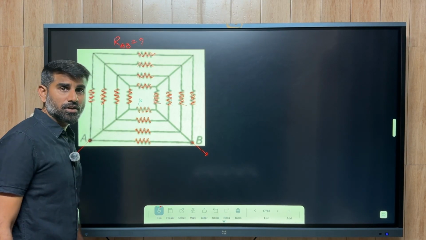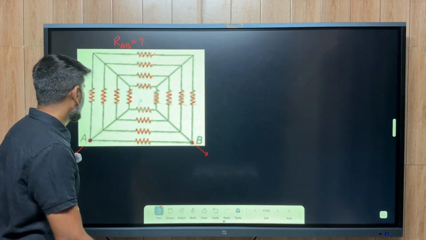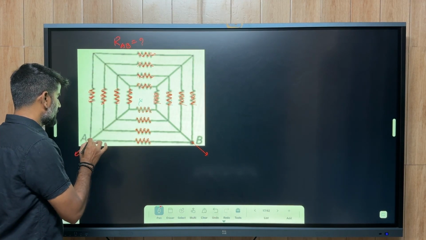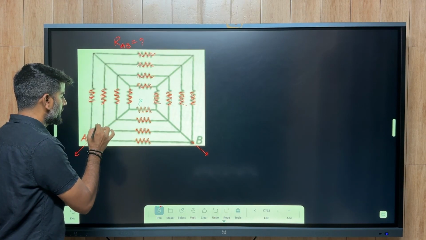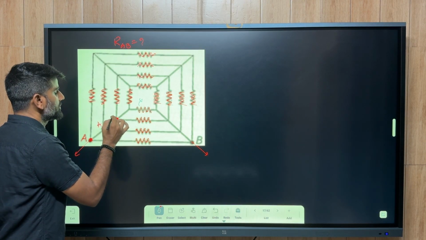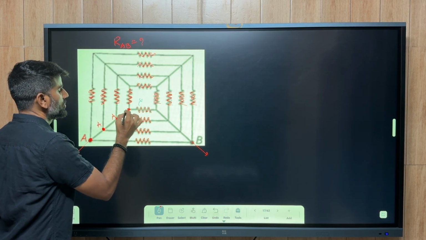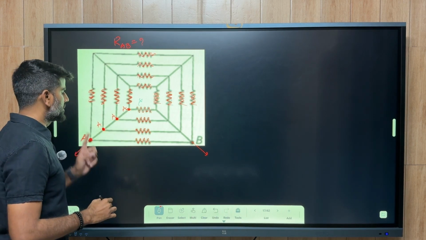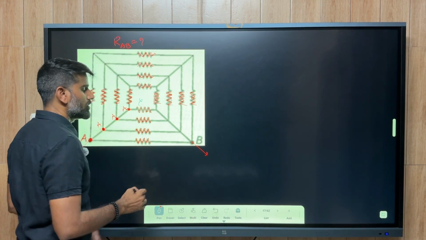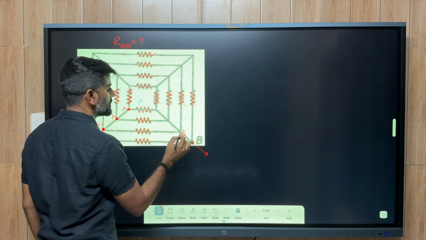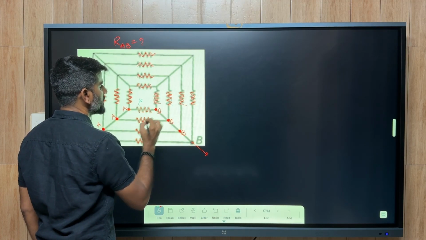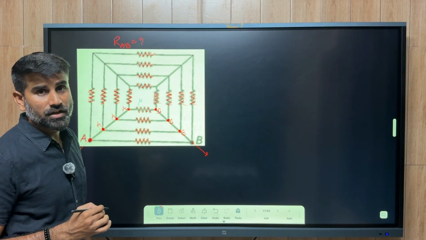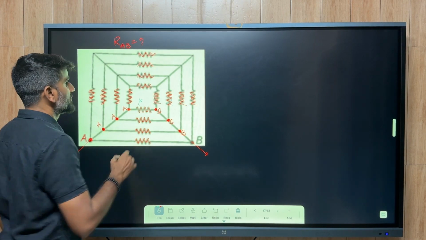We will assign the known potentials first, at the given nodes. This is A, which we already know, and this is again A, this is again A, and this is also A, right? So these are the potential points that we already know. If this is B, this is also B, and this also B, this node also has to be assigned potential B. We have unknown potentials here.